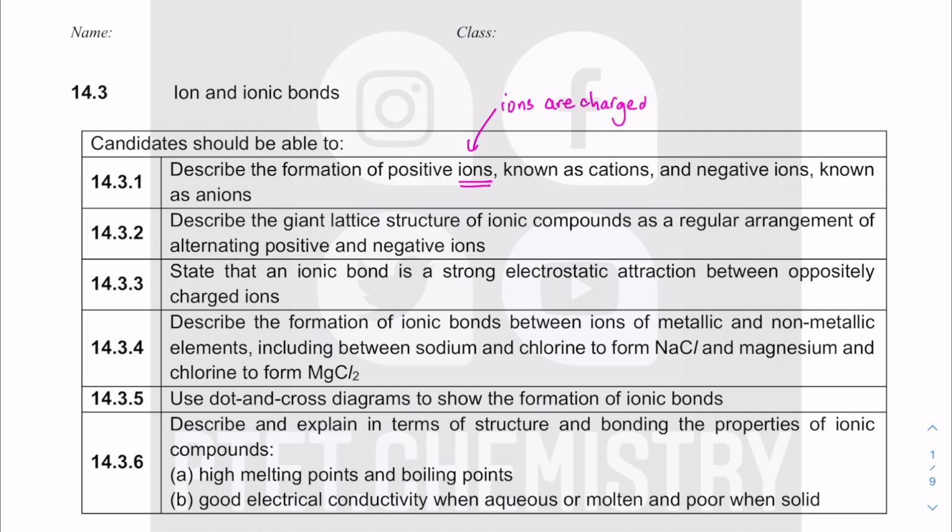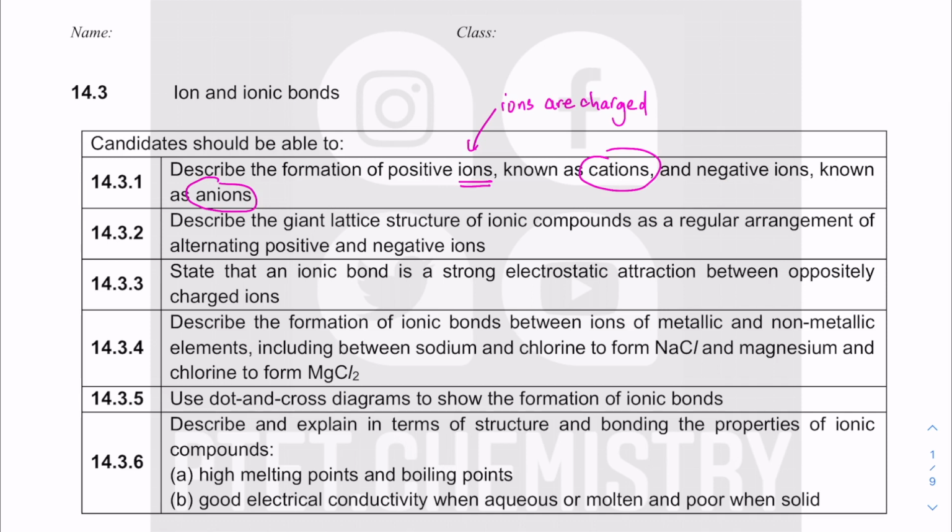When your ions have a net positive charge, and when you form these positive ions, they are known as cations. And when you have ions that are negatively charged, they are known as anions. These are the technical terms. When I mention cations, I mean positive ions. When I mention anions, I mean negative ions. Cations are positive ions, anions are negative ions.